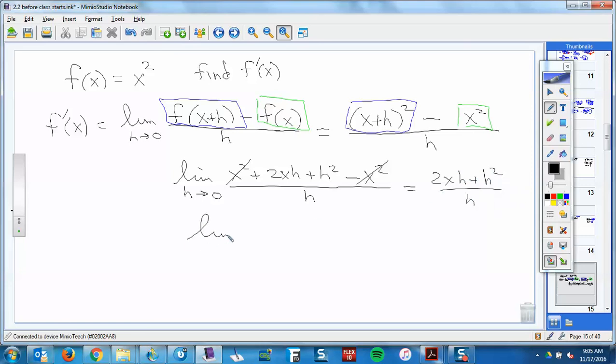Let me come down here, so limit as h approaches 0. Now what can I do with that? I can take out an h. I get 2x plus h all over h. The h cancels just like before. And that allows me to do what then? Now I can let h be 0. And what do we get?